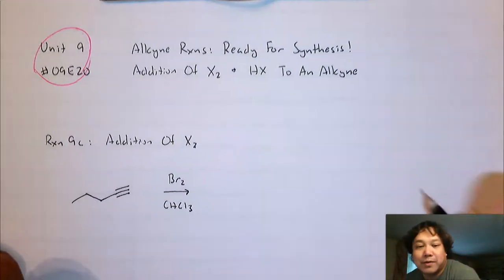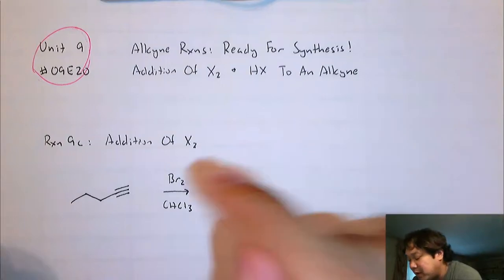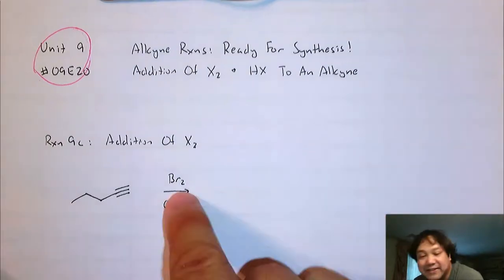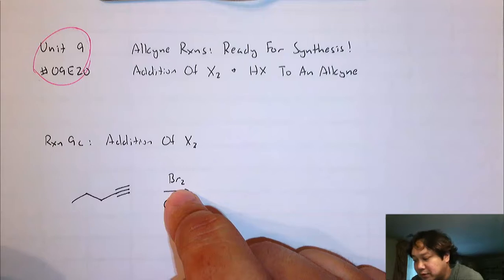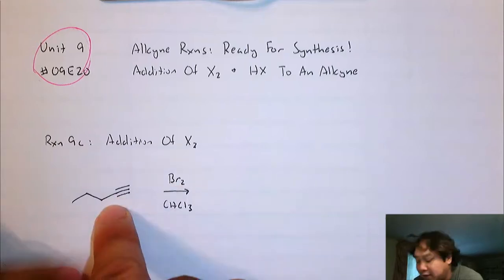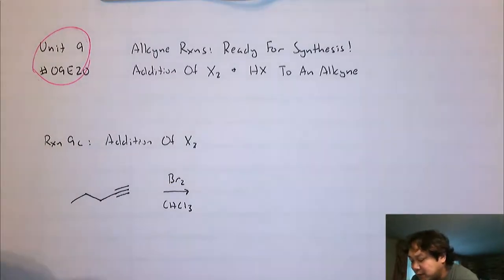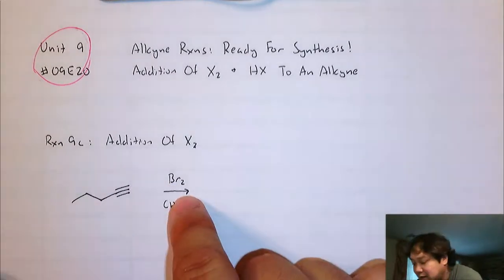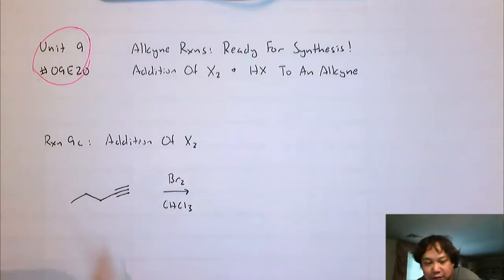You want to pay attention to your professor whether they want you to think that this is an excess or they really want you to react one equivalent. For every one molecule of alkyne, you have one molecule of Br2. For my class, we're going to try to keep consistent, and when you see the reagents, not the organic molecule, you're going to assume excess.